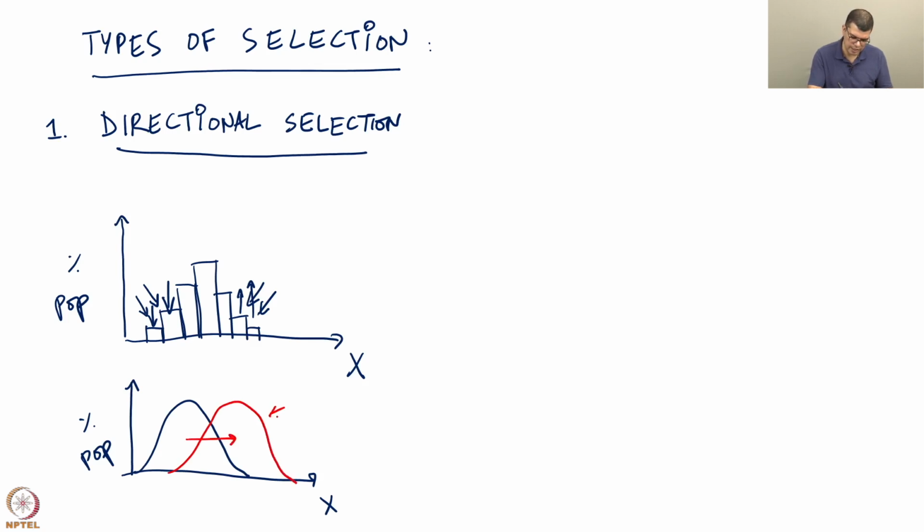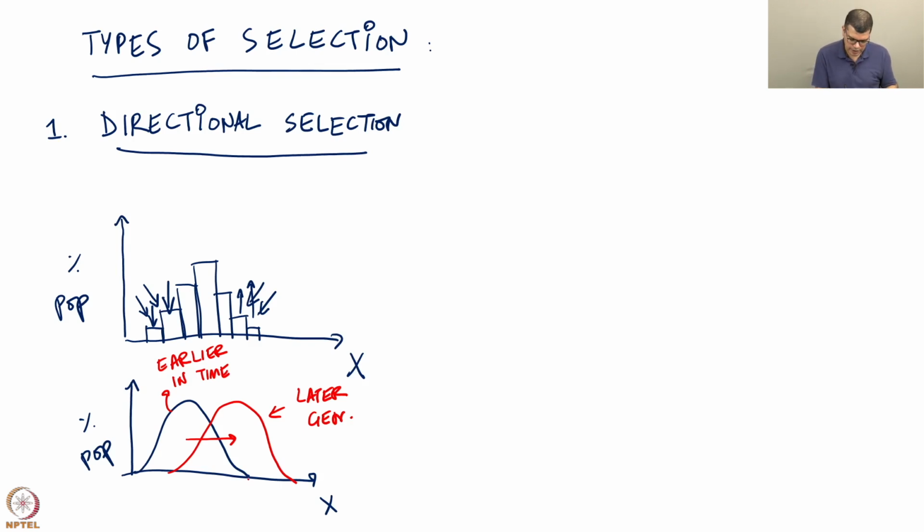So, this is at a later generation, and this is earlier in time. So, this evolutionary change has happened, and the population made a directional movement from my left to my right, and hence this type of selection is called directional selection.